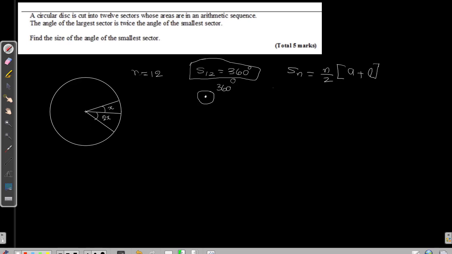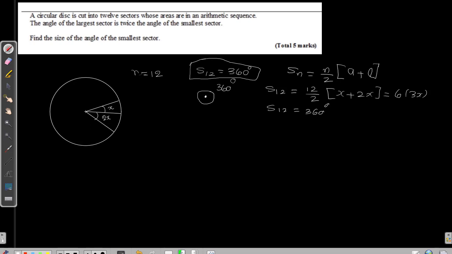So S12 equals 12 over 2 times the first one, x, plus the last one, 2x. So what do you get? 12 over 2, that's 6, times 3x. But we know S12 is 360 degrees.